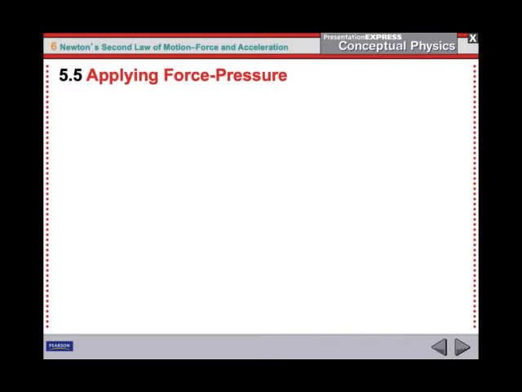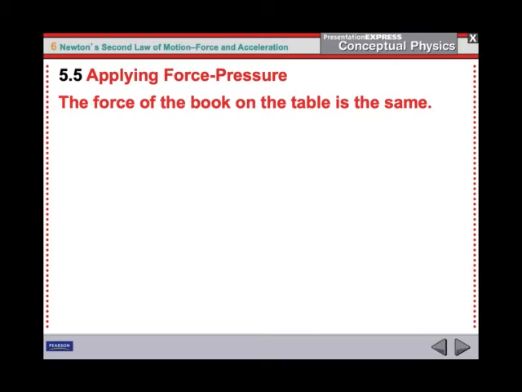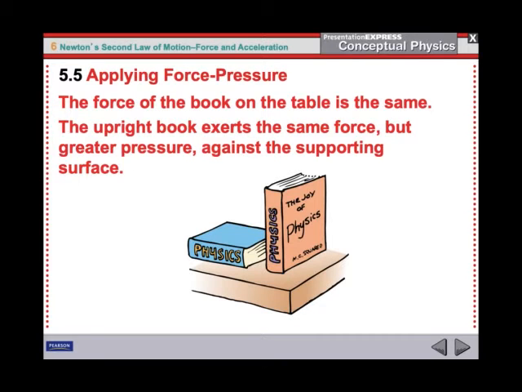Okay. So let's look at this. We have the same book, 2 different situations. One it's laying down, one it's standing up. If they're exactly the same book, the force of gravity on them will be exactly the same. But look at how much each book is in contact with the shelf below.